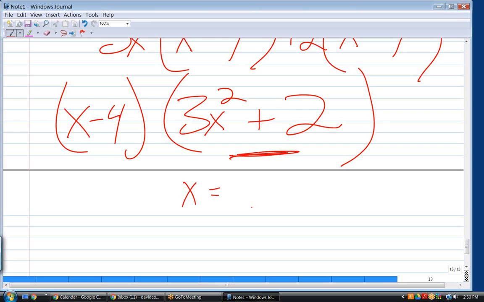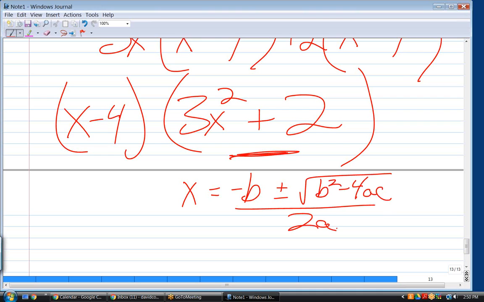Okay. In other words, the quadratic formula is this. Because it's a little strange when you express that imaginary solution as a linear factor. What's minus b? 0.